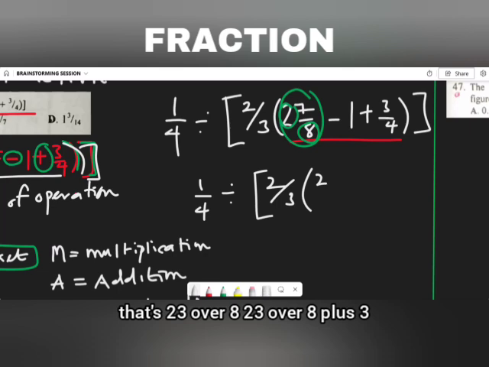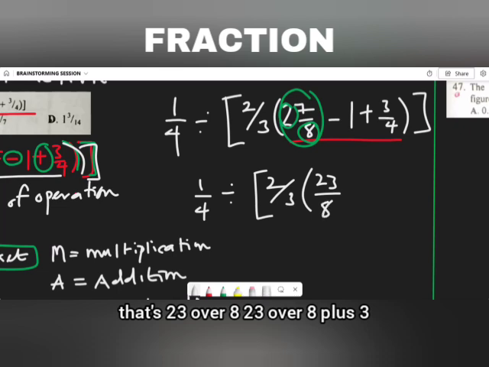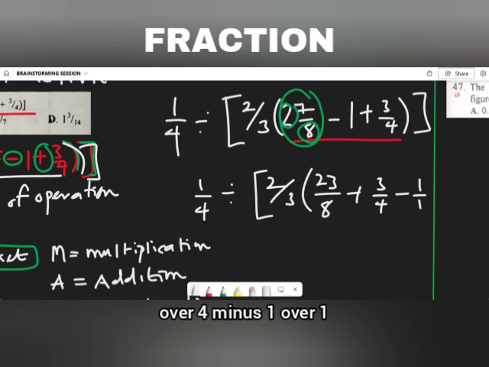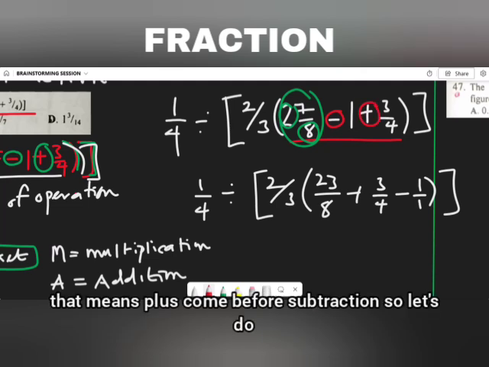That's 23 over 8, plus 3 over 4 minus 1 over 1. Now what do you see? I tried to arrange the minus sign and the plus sign. That means plus comes before subtraction. So let's do that.